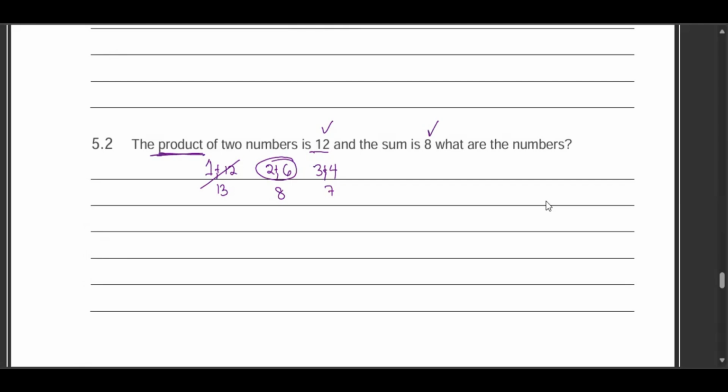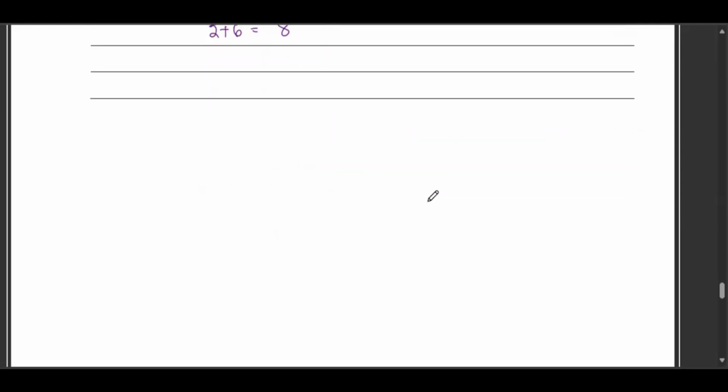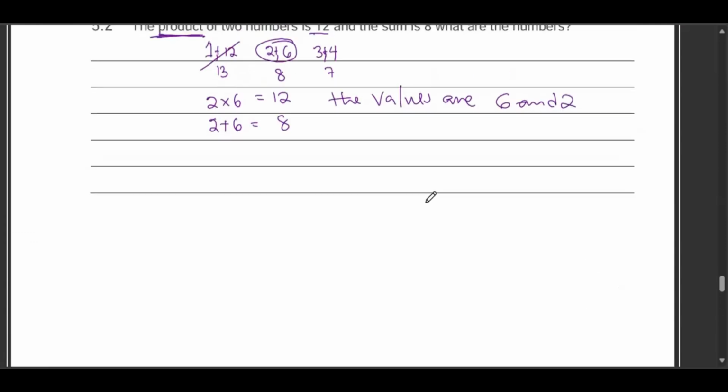I'm looking for the numbers I will multiply to give me 12, and when I add them, they give me 8. So the values are 6 and 2. Okay. And this brings us to the end of our revision 2.